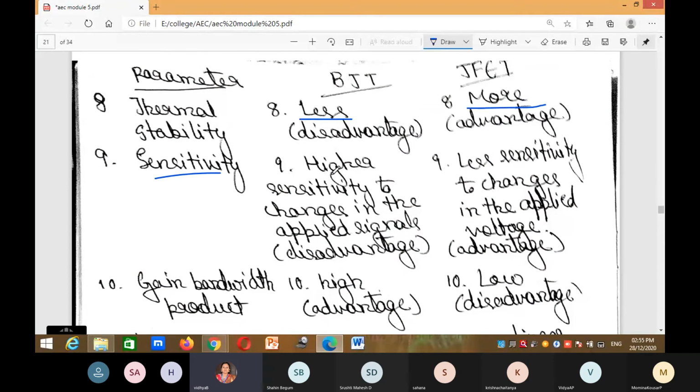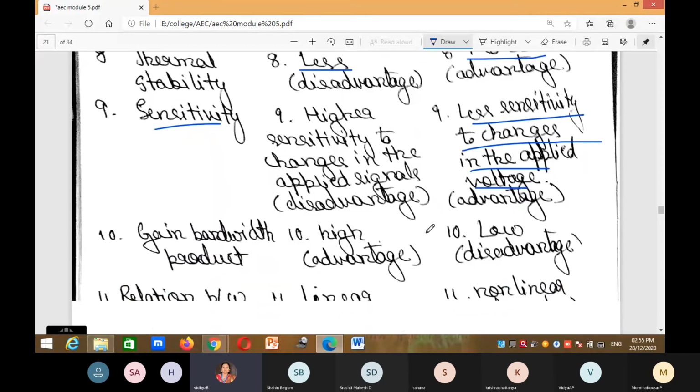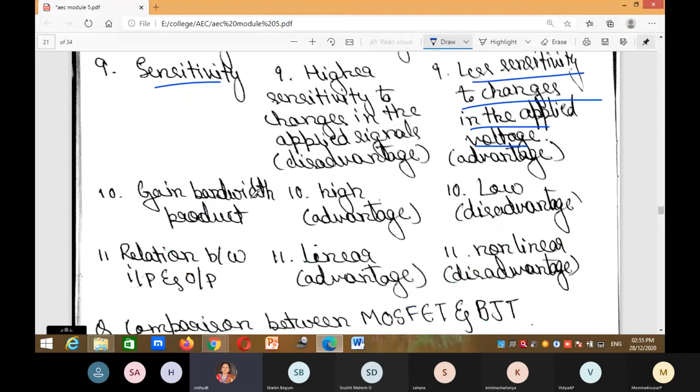Sensitivity: BJT has higher sensitivity to changes in the applied signals and FET has less sensitivity to changes in the applied voltage. Gain bandwidth product: BJT has high gain bandwidth product, and in FET it is low. Relationship between input and output: in BJT it is linear and in FET it is non-linear.